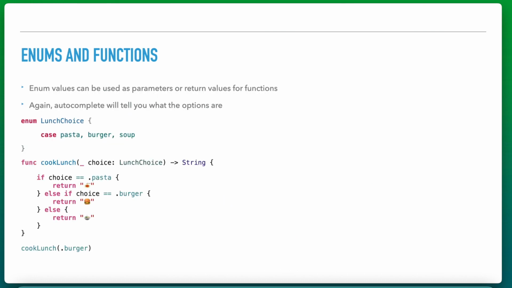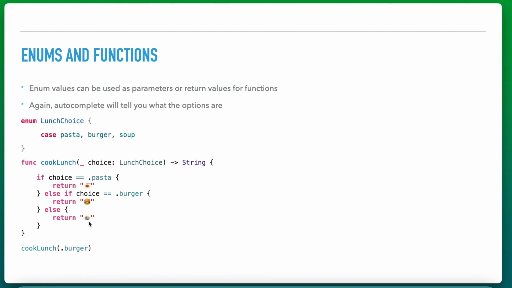What is problematic with a conditional statement or an if statement is this default here. Well, we don't want any other choice. We want the only three choices to be pasta, burger, and soup.